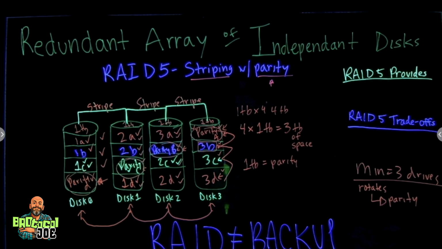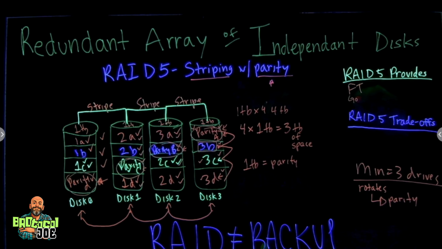So here is what happens if the drive fails. The system, again, will use the parity puzzle piece plus the remaining data, whichever data block it is, to rebuild the missing information. All right, so what does RAID 5 provide, you might say? Fault tolerance. It has fault tolerance.